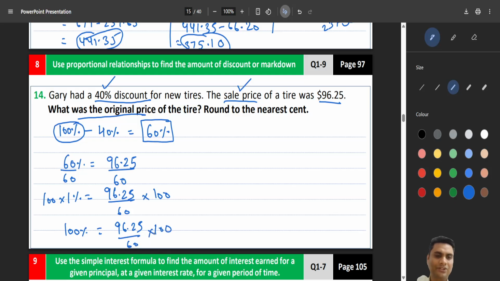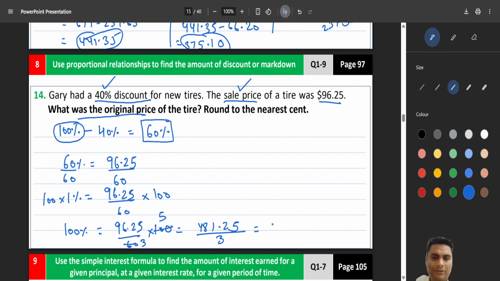Now check, 60 and 100, both of them can be divided by 20. 20 times how much is 100? 20 times 5. So 100 divided by 20 is 5. 20 times how much is 60? 20 times 3. So here, now let us multiply them first. 5 times 5, 25, 5, 2, 5 times 2, 10, 2, 1, 5 times 6, 30 and 1, 5, 9 times 5, 45 and 3, 48, divided by 3.